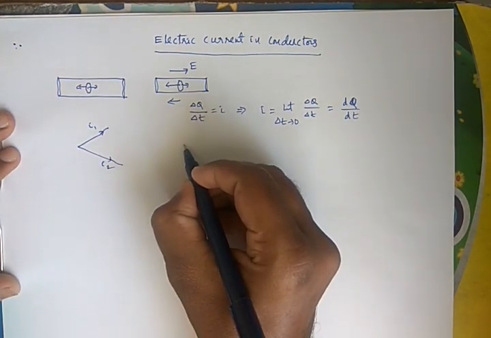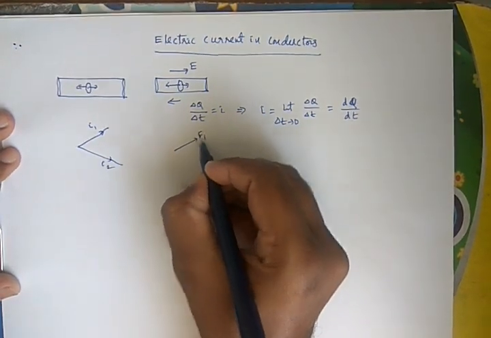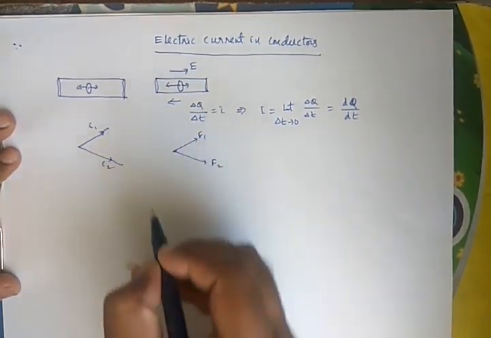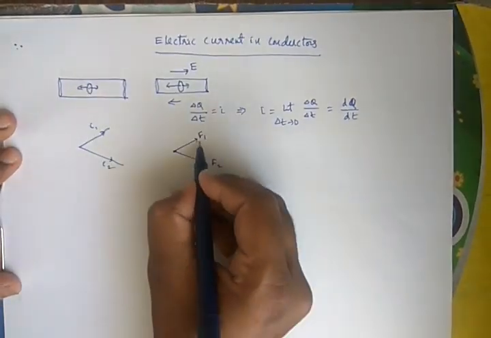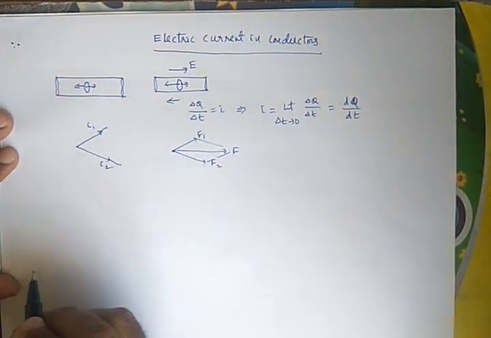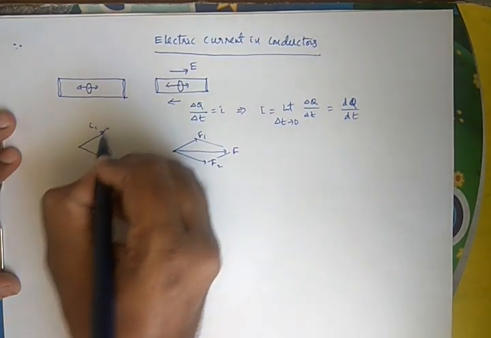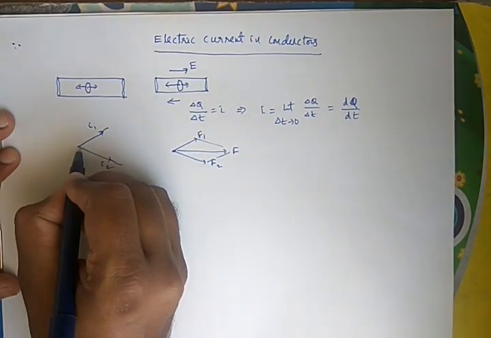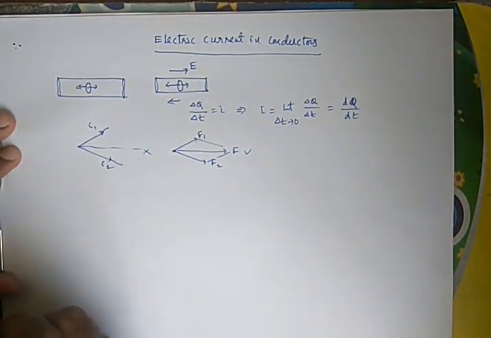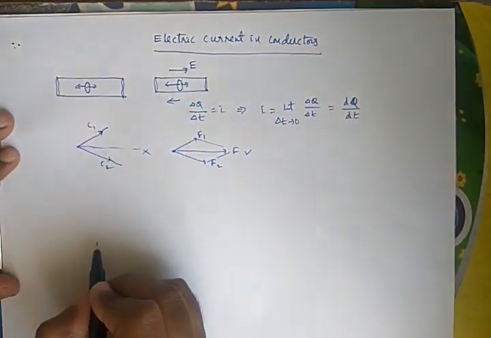For example, if two forces F1 and F2 are acting at a single point, you will see the net force in one direction. But here, if current is going in this direction and in that direction, the net current cannot go in this direction. This is wrong. Because of this reason, current is a scalar quantity, not a vector quantity.